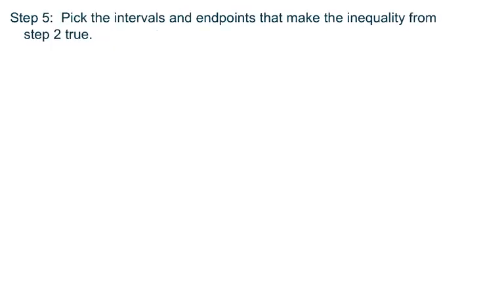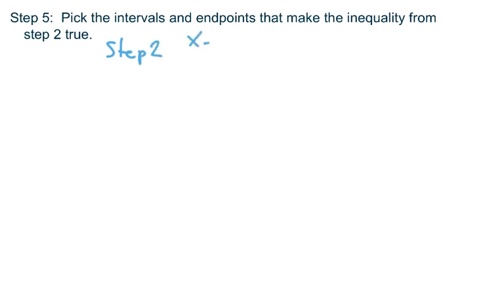In step 5, you pick the intervals and endpoints that make the inequality from step 2 true. To save a little bit of effort, I'm going to go back and write down what we had at the end of step 2. You could scroll back, but let's just write it down.